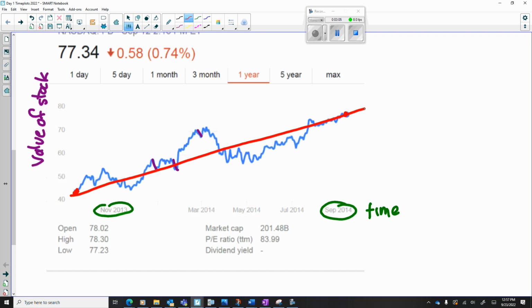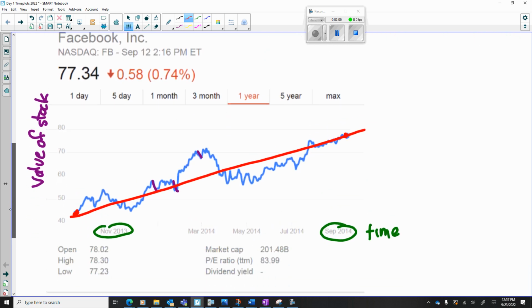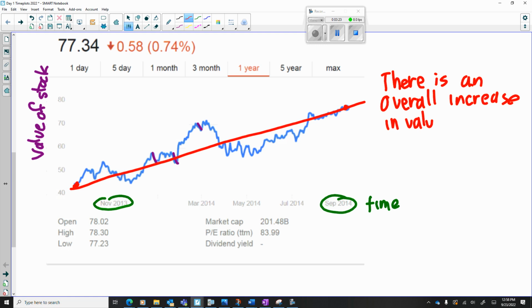So it says up above for the directions, describe the trend that's happening over the interval. So we want to say there is an overall increase in value of the Facebook stock.